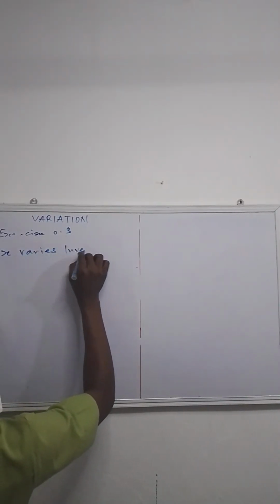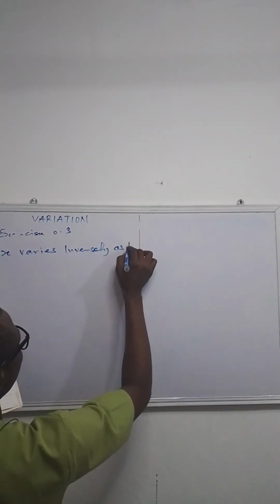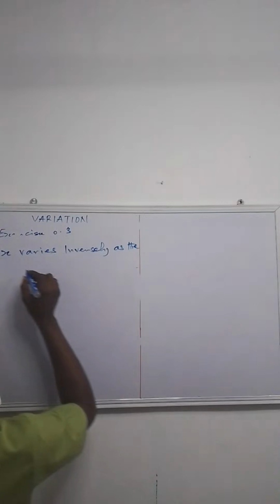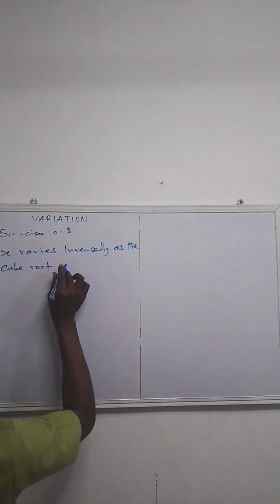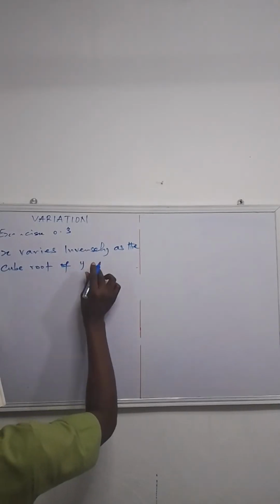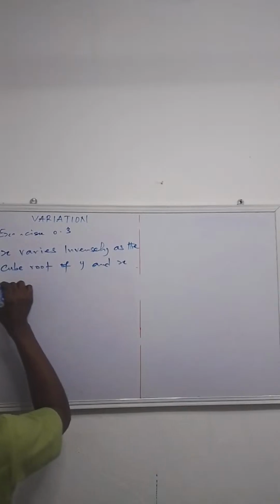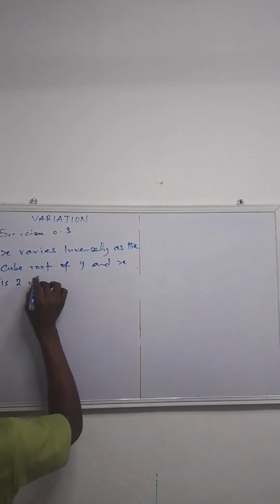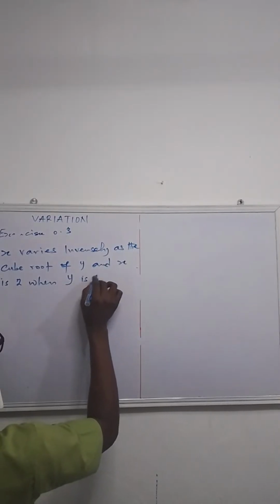X varies inversely as the cube roots of y, and x is 2 when y is 27.